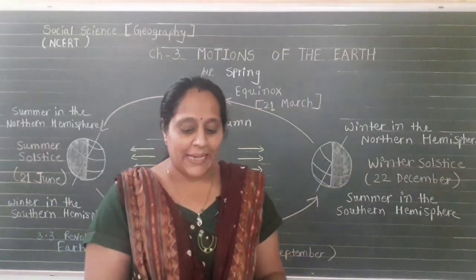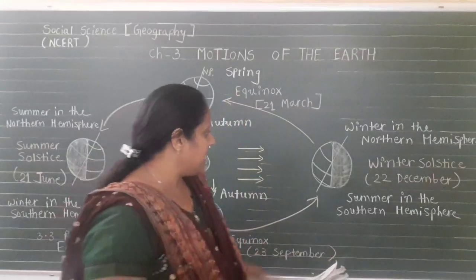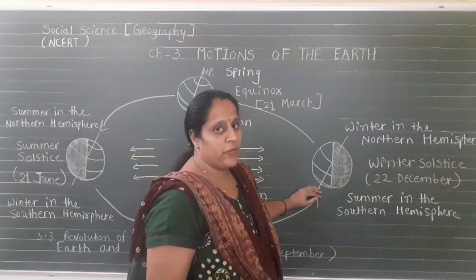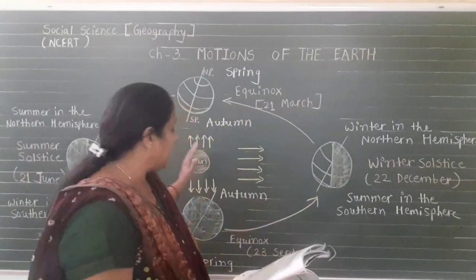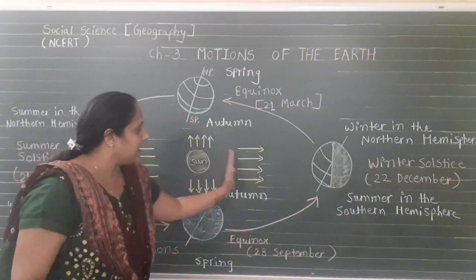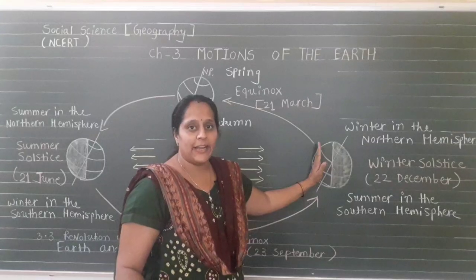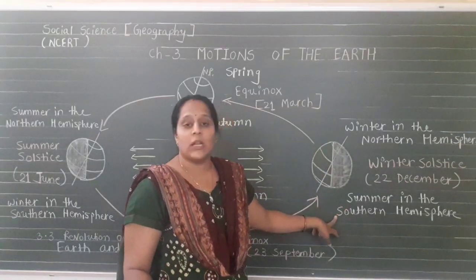So on 22nd of December the tropic of Capricorn, here you see in the southern hemisphere, receives direct rays of the sun. In the southern hemisphere they get direct sun heat. So that's why this part gets direct sun heat. So here they feel summer in the southern hemisphere.